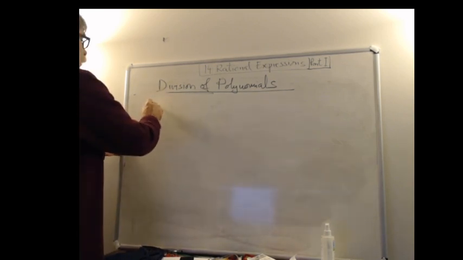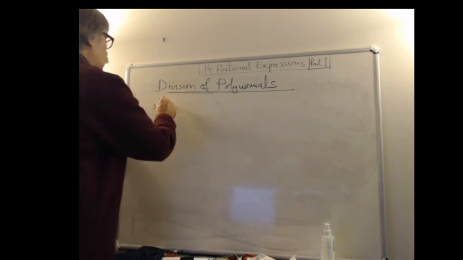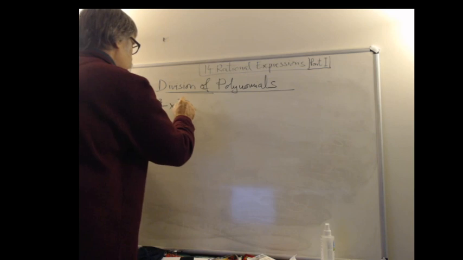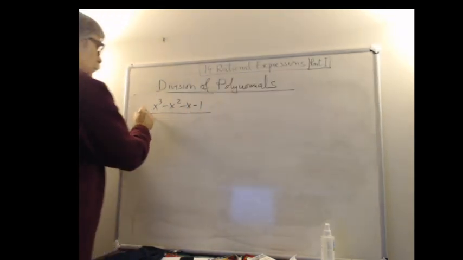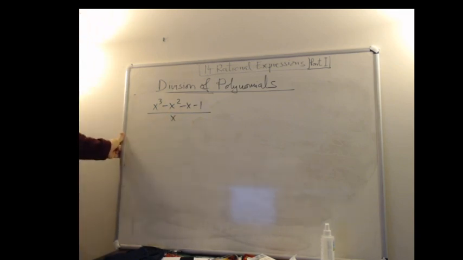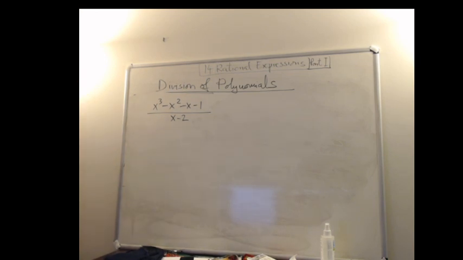I want to divide x cubed, so I'm going to have something bigger here. I want to copy it right because I want to have, it's nicely cooked, right?